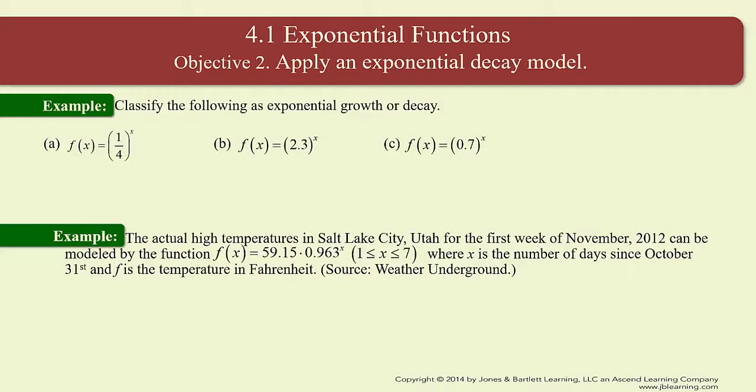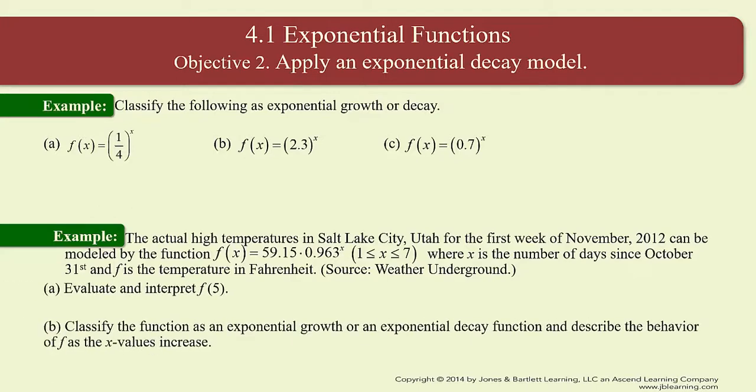So, write this all down. There's the function that models the actual high temperatures in Salt Lake City, Utah for the first week of November 2012. And in part A, we're going to evaluate and interpret f of 5.